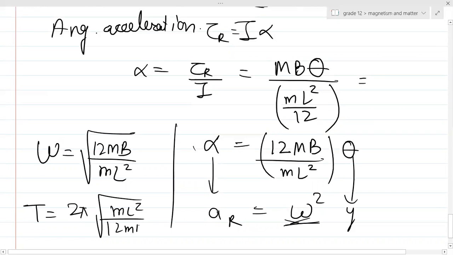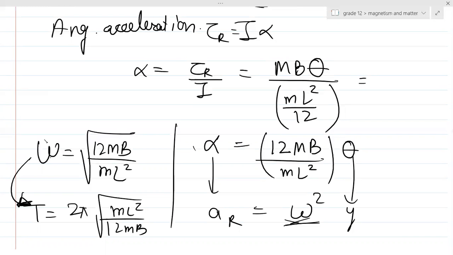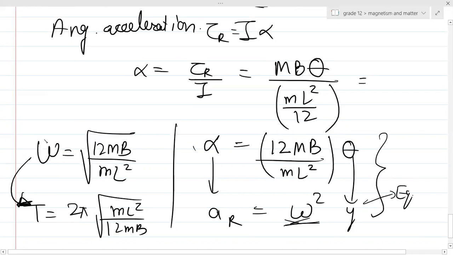Always remember, from this omega, whenever you need to find the time period, basically reverse whatever is written inside this root and add a 2 pi in front of it. I think we already discussed all these tricks in simple harmonic motion, if anyone remembers. So basically, can you see this is executing SHM, and what is the time period of that SHM?